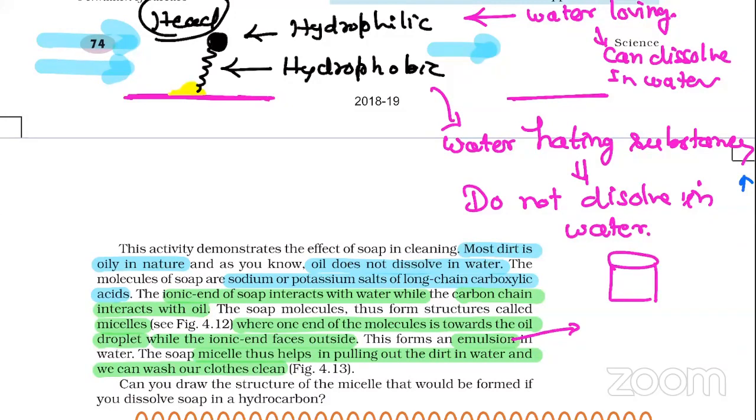What is the general formula for alkane? Yes, it is CnH2n+2. What is the IUPAC name of the compound that I am going to show you on the board?